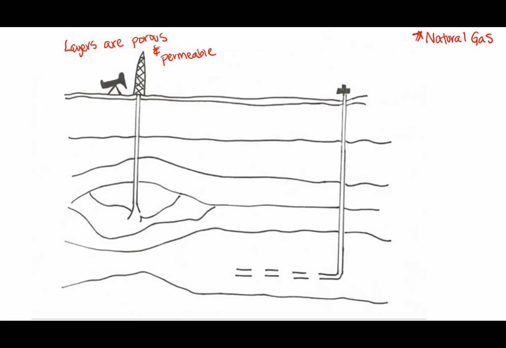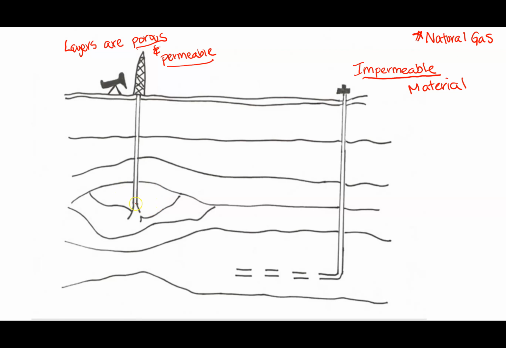Okay, now over on the right-hand side, this is a modern well with fracking techniques, and this is going to be used in impermeable material, okay? So if you remember, porous and permeable, that means that you have holes in between the grains of rock, okay?